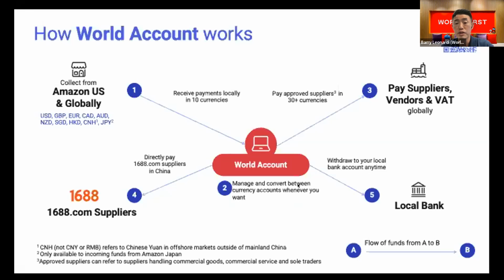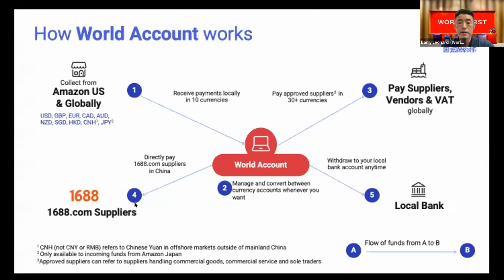Number two, you're able to manage your funds, viewing your balances, viewing your transactions in and out of your account, transferring funds between your different accounts, or even adding new payees, your vendors, so that you're able to make payments to them. Number three, making payment to your vendors or even VAT.